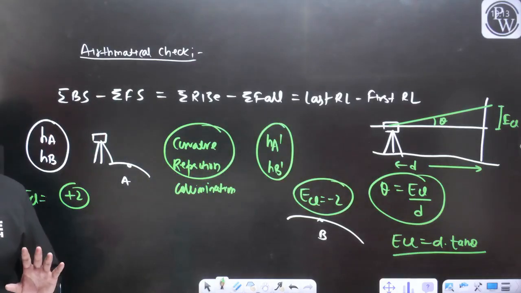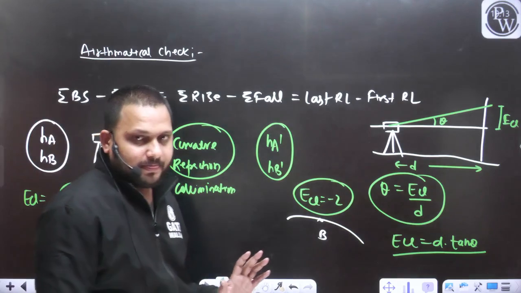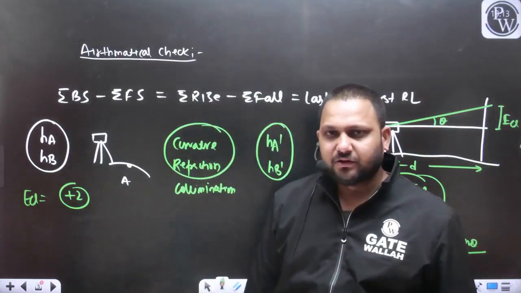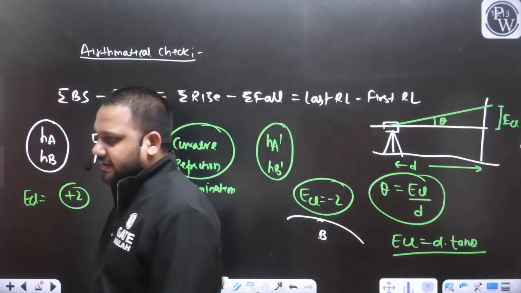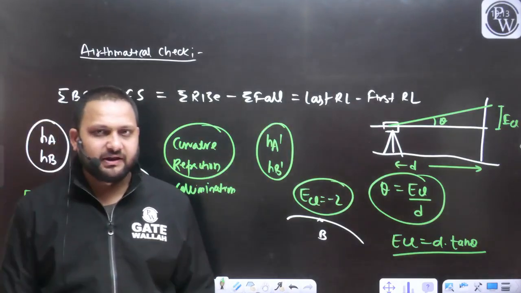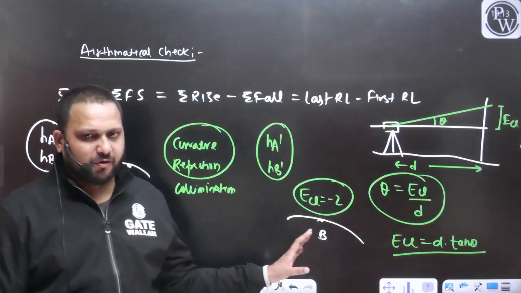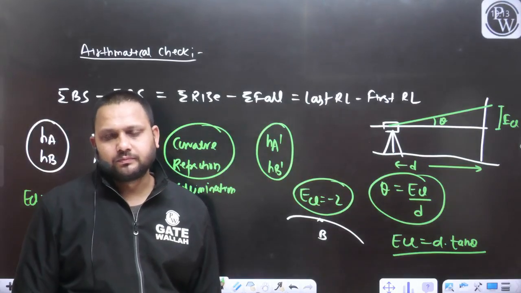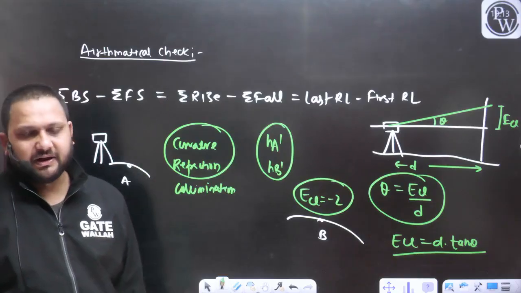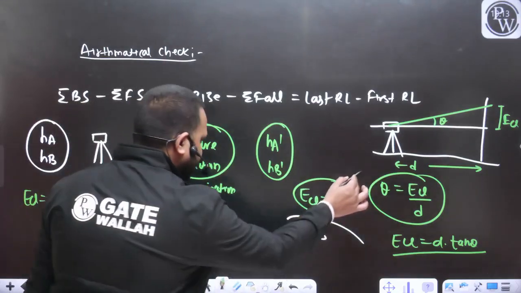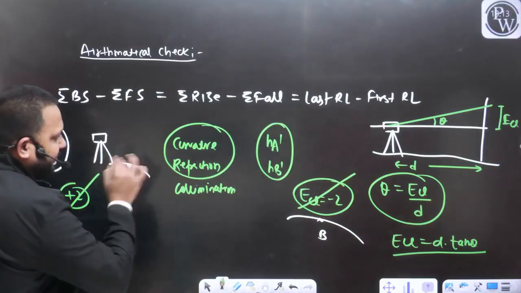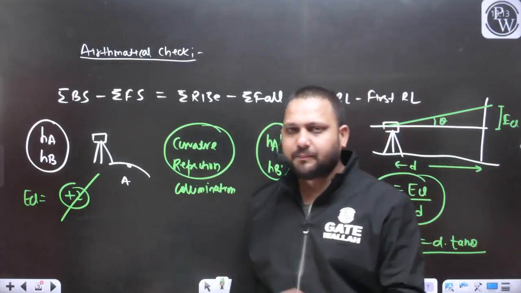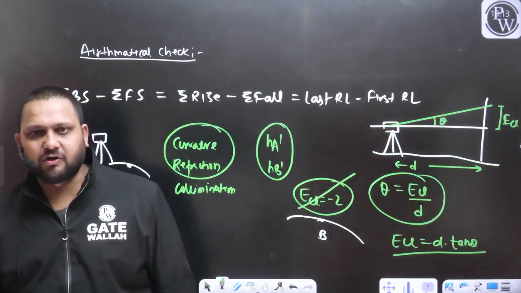We are using the same instrument from station A and station B. So if from station A we are committing a positive error in the staff reading, when we use the same instrument from station B, there will be a negative error. So ultimately they will cancel the effect of each other. In this process, when we consider both the readings for the calculation of the elevation difference between the points A and B, they will cancel the effect of each other.